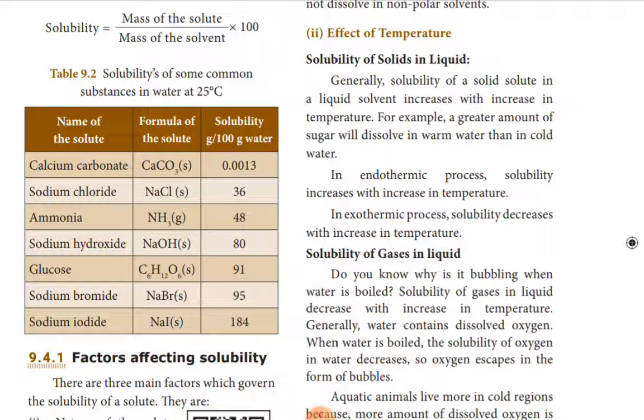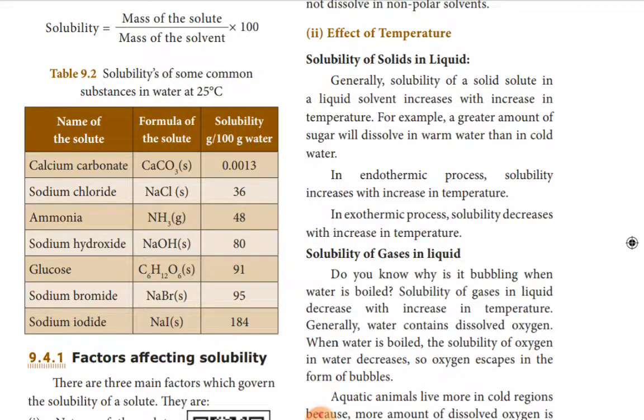An exothermic process is a chemical reaction which involves the liberation of heat energy. So in an endothermic process, solubility increases with increase in temperature. At the same time, in an exothermic process, solubility decreases with increase in temperature.